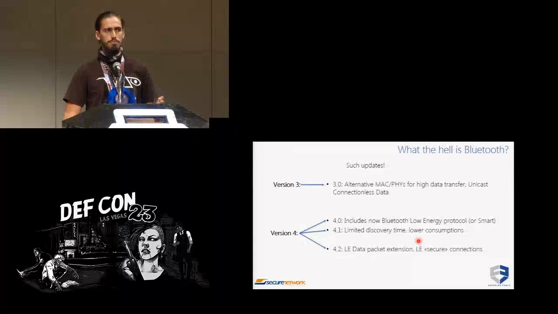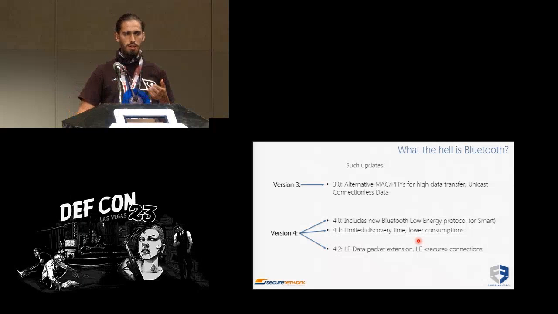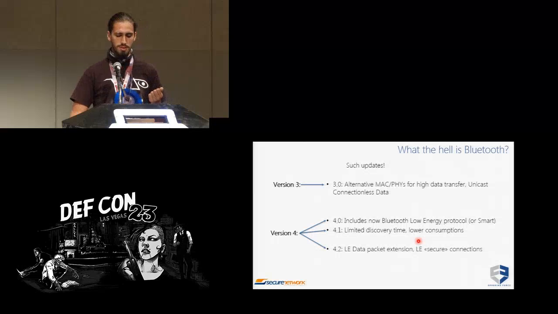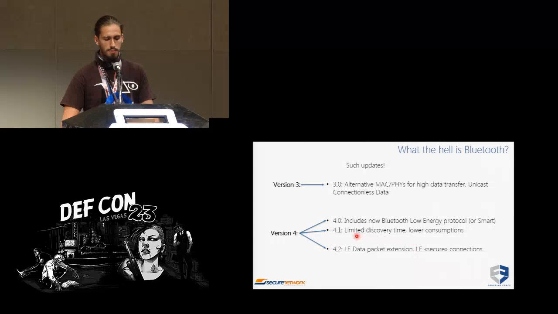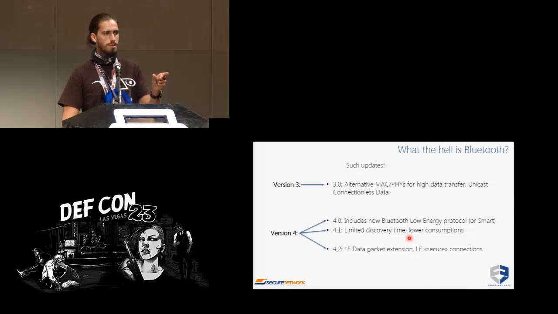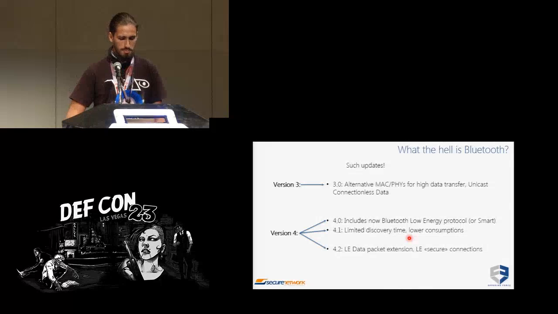they lowered the consumption. Maybe you heard about low energy Bluetooth as the protocol which is consuming little power, because the duty cycle has been improved, and so the discovery time has been limited so that the transceiver is not on so long, and you are lowering the consumption.